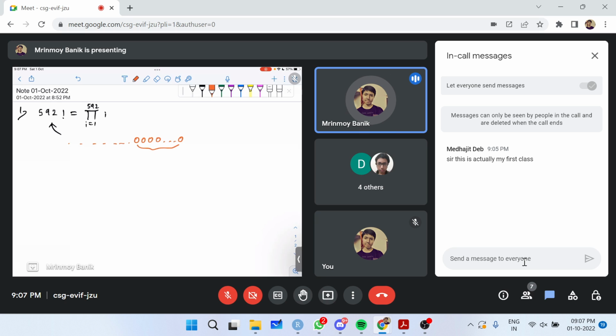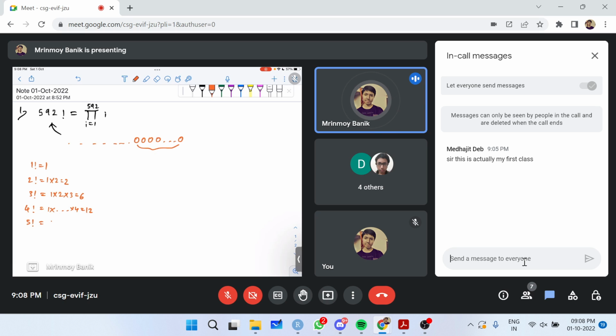Why am I so sure that this will end with some zeros? That's because you see, 1 factorial is 1, 2 factorial is 1 times 2, that's 2, 3 factorial is 1 times 2 times 3, that's 6, and similarly 4 factorial is 1 times up till 4, which is 24.